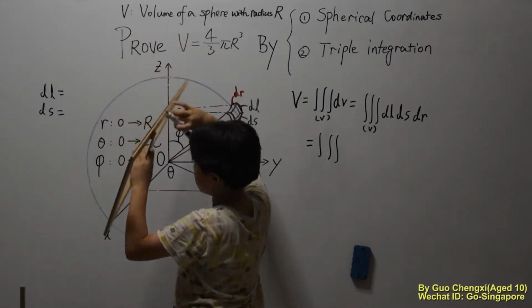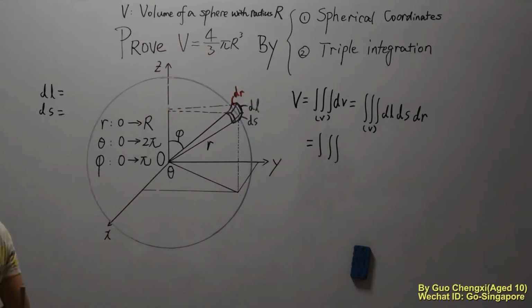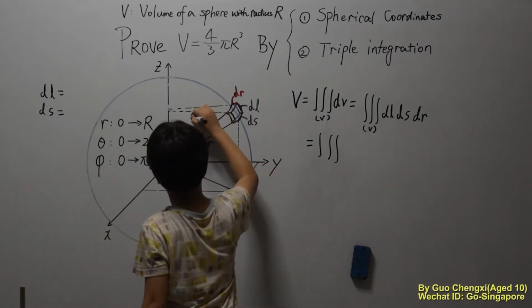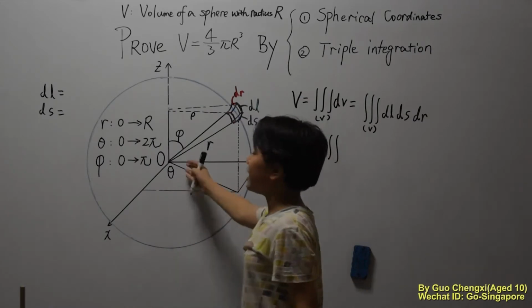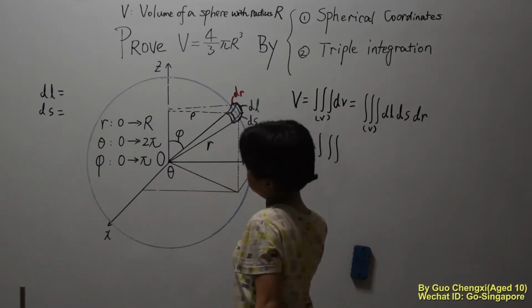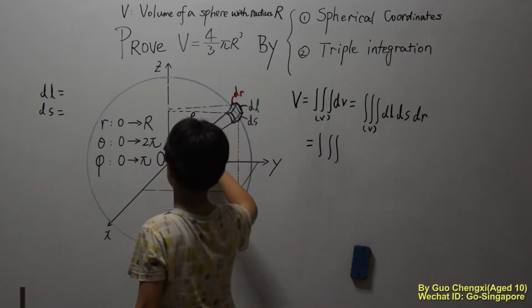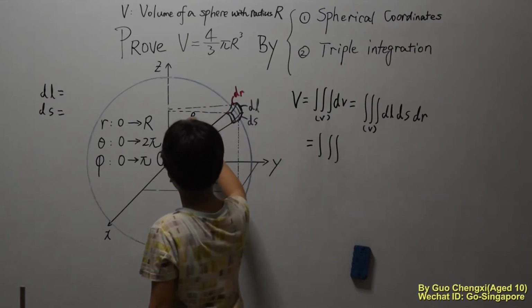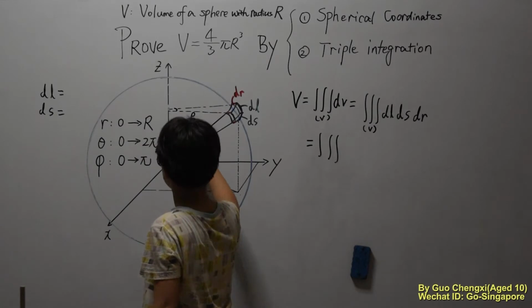So it becomes like this, okay? For this part over here, this is rho. Why can't I just name it some other name? Because this length can change, so you obviously won't call it either of the r's. Then what angle is this?